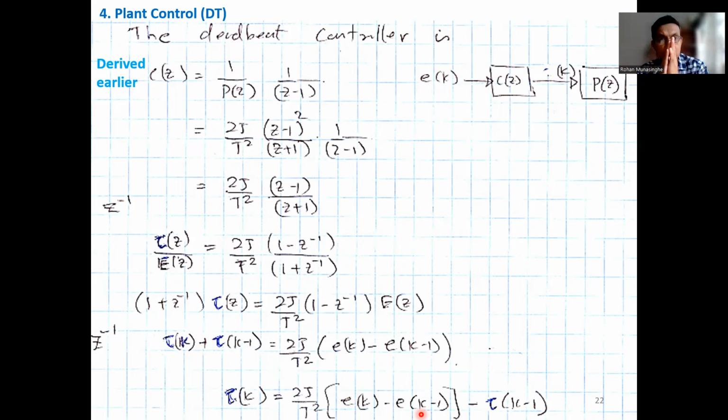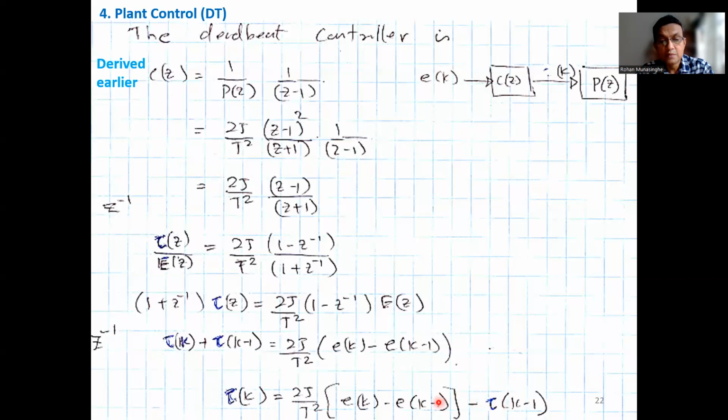At time 0, there was an error, 1. Now it is over here. And present error, there's no error. Okay. So this is minus 1. This is minus 1, right? So then what about tk minus 1?